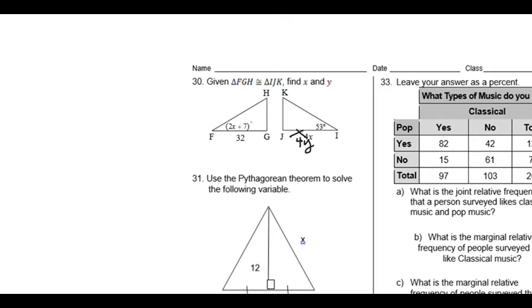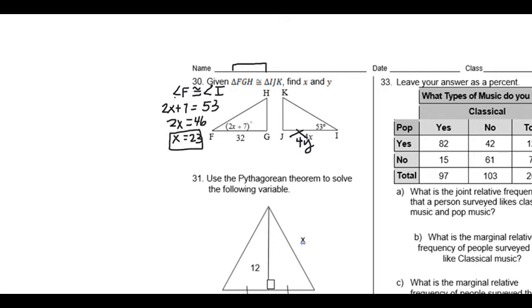So we know that we need to find x, and x is the angle F. So we know that angle F is actually congruent to angle I. And at angle I I have 53 degrees. So angle F has 2x plus 7, and angle I has 53.